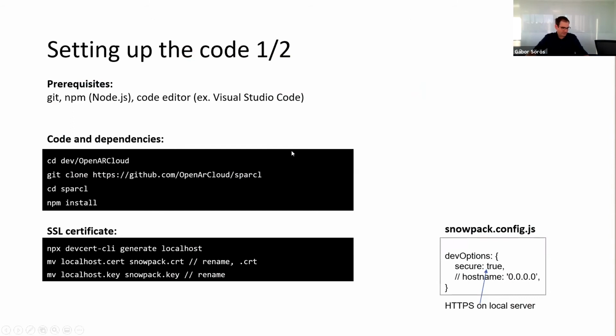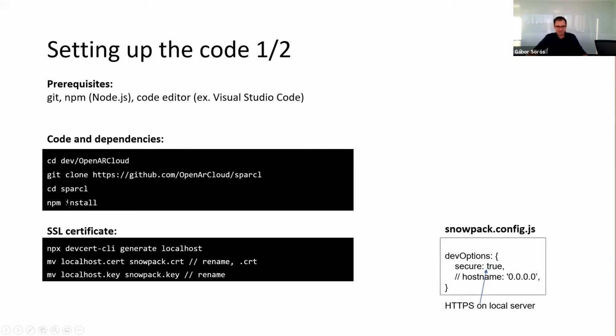Setting up the code is fairly easy. You only need Git, a node package manager, and a simple code editor, for example, Visual Studio Code. You can clone the repo and install the dependencies with npm. If you want to run this locally, because it's a website, basically the whole app, you need to create a certificate for your localhost, which is simply done by this npx command.